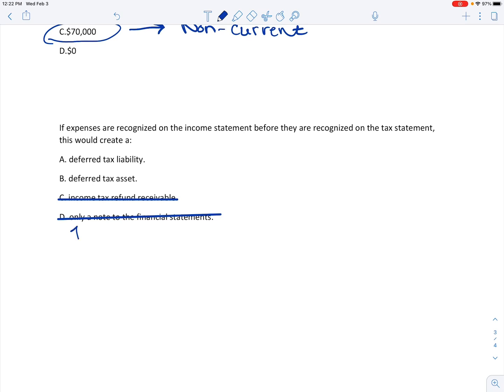And usually if you see the word "only" or something like that, it's a trigger to be careful if you're going to pick that answer. So this one is saying that my expenses are higher on my income statement than they are on my tax statement. So if my expenses are higher, it's going to be the profit on my tax statement.